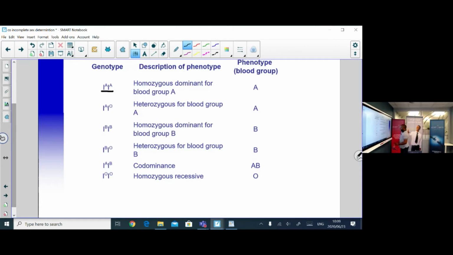And then in some textbooks, you see they don't put I like this. They just put I A or I B to represent it. So in other words, it will be like here or here.